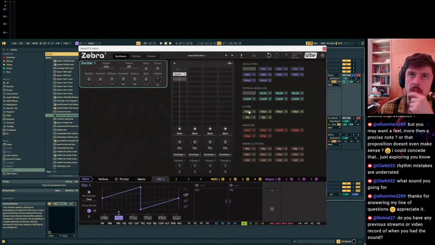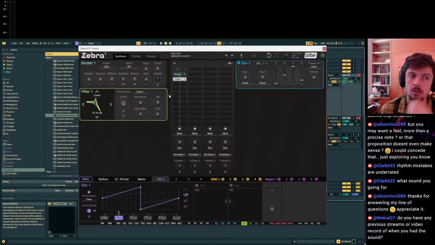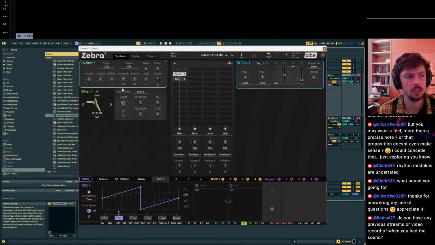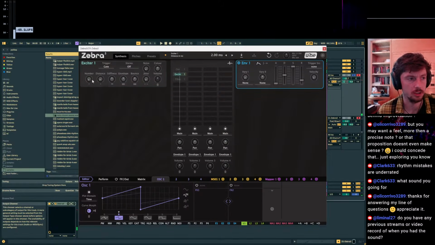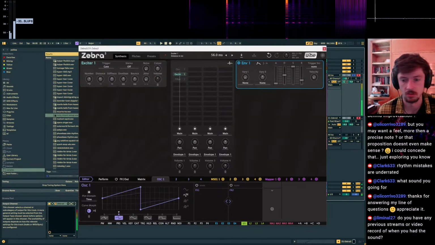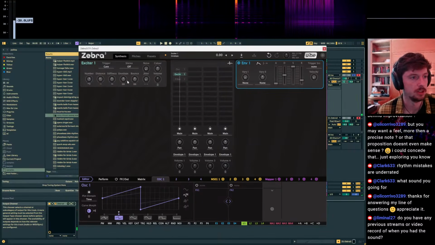I want to make the exciter trigger filter sweeps. Can I do that? I mean, the exciter is just going to be a click, right? We can make it like 35 clicks, which sounds like that, or we can space them out, right?